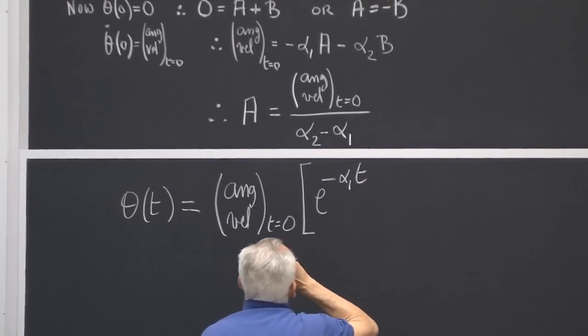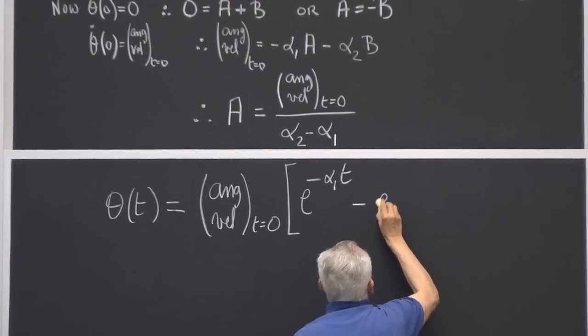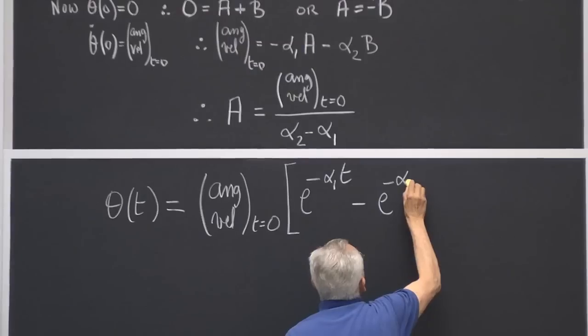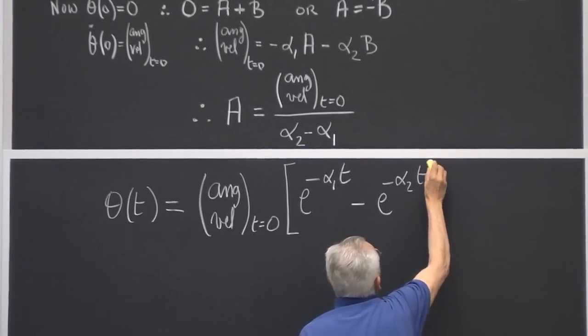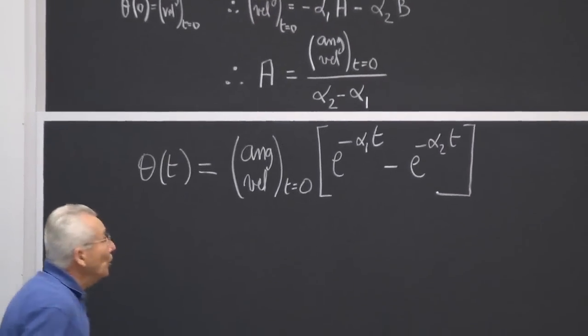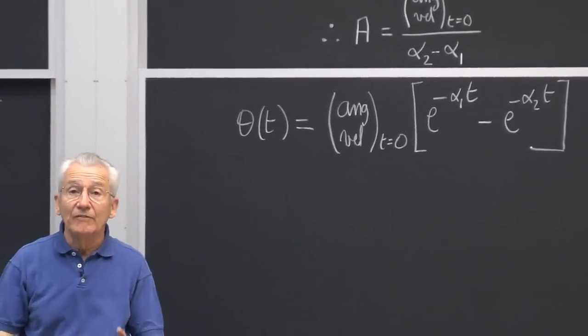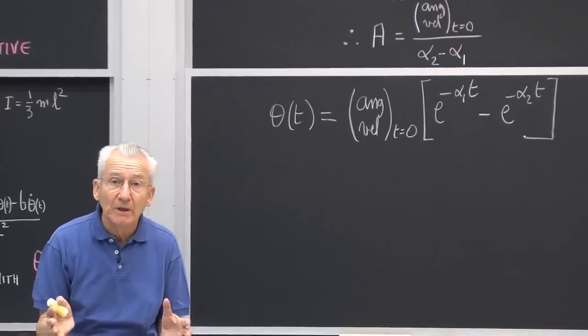And b is minus a, so it's minus e to the minus alpha 2t. So we have solved our problem.